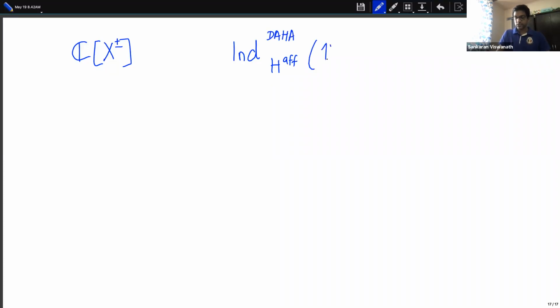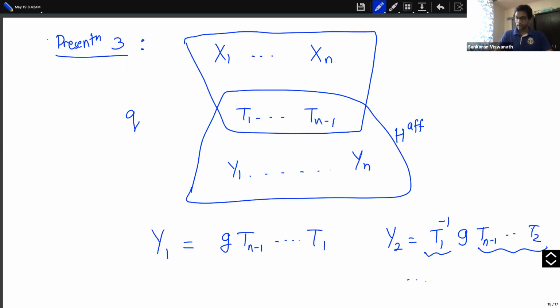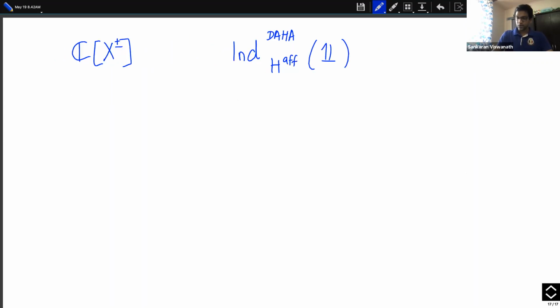When you take just this trivial representation of the affine Hecke algebra, you induce it from this subalgebra, from the y's and the t's, from the AHA to the DAHA. Okay, and that's your induced representation. And as a vector space, it's just the space C[x^{±}], the Laurent polynomial ring in those n variables.